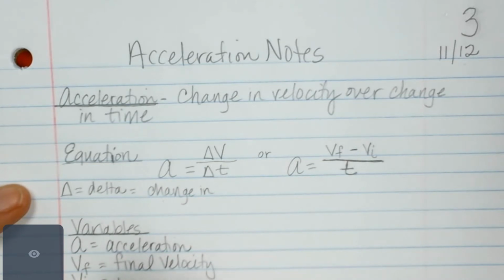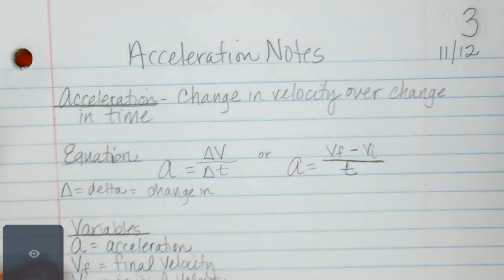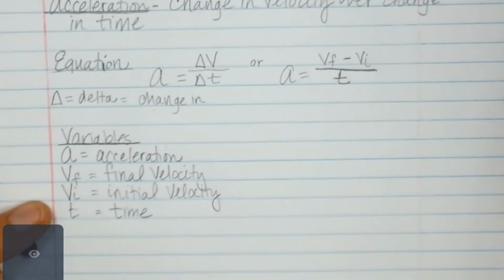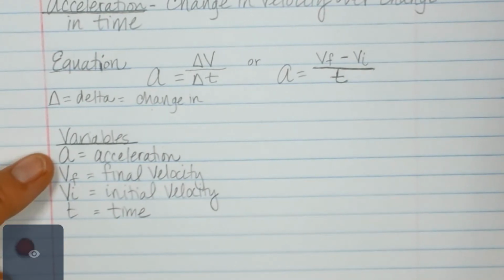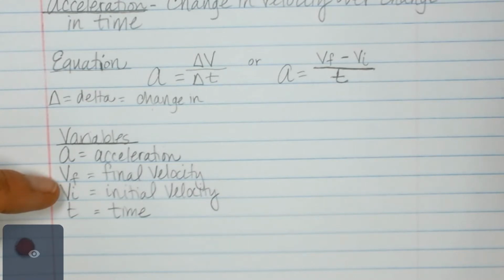VI is initial velocity. And T is time. So this time we have 4 variables we have to worry about. Instead of velocity that only had 3, we have 4. So when we're writing out problems, you're going to see me using these 4 variables. So A for acceleration, VF for final velocity, VI for initial velocity, and T for time.